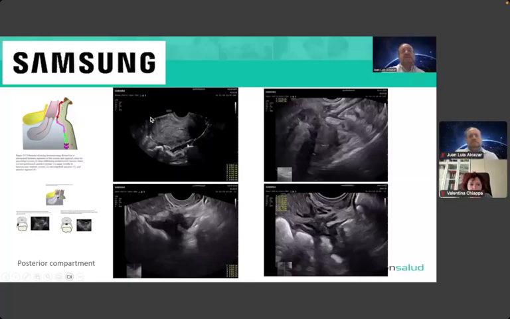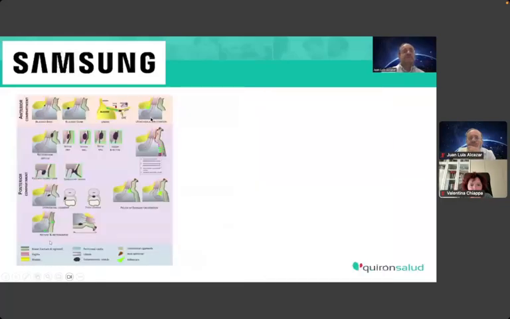You will see here a nodule in the anterior wall of the upper rectum and sigmoid, another nodule in the upper rectum involving also the uterosacral ligament here. This is the so-called diabolo sign, which is an involvement of the upper rectum, vaginal, retrocervical area, and uterosacral ligament, and also another nodule here. And all of these are nodules within the posterior compartment.